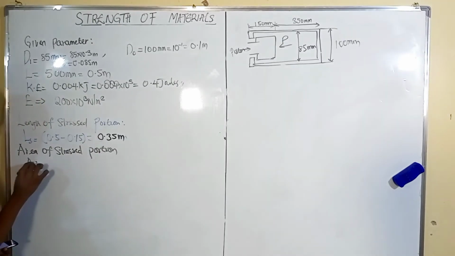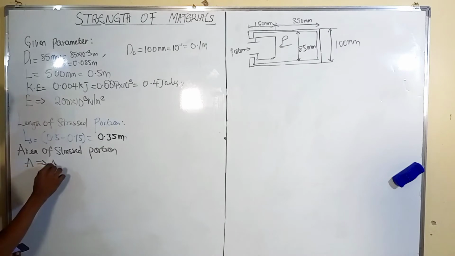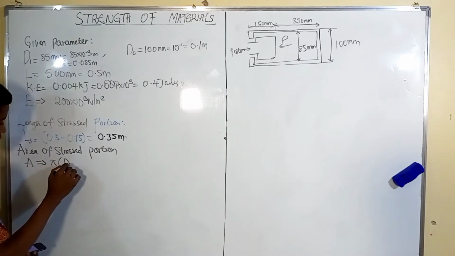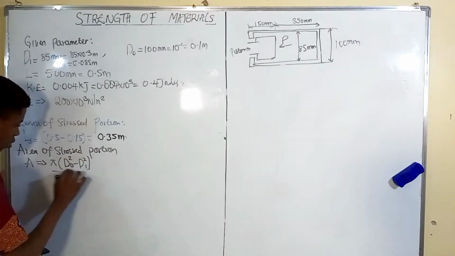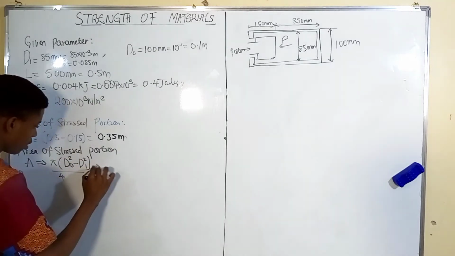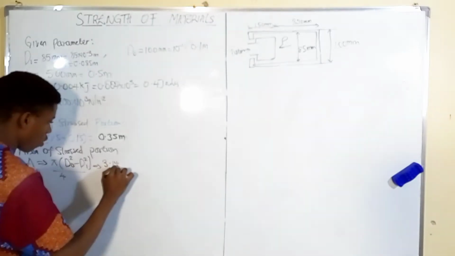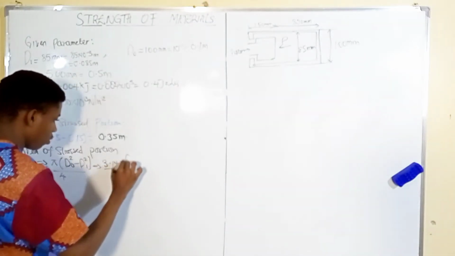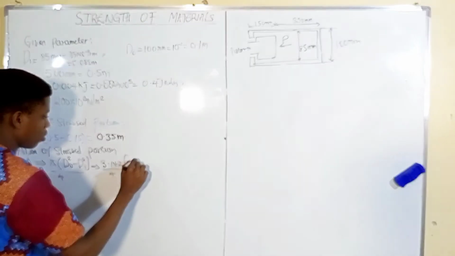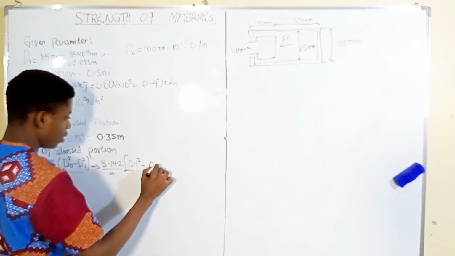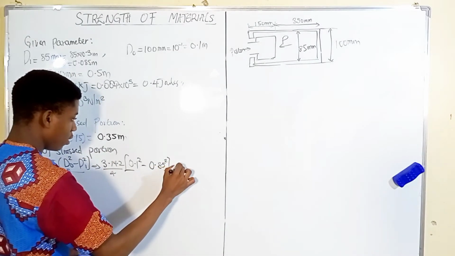Now take note, we have two diameters, internal and external. Anywhere we have internal and external diameter, the area will be the external minus the internal. All of them will have pi square over 4. So we have pi, which is 3.142 over 4, in brackets 0.1 square minus 0.085 square.